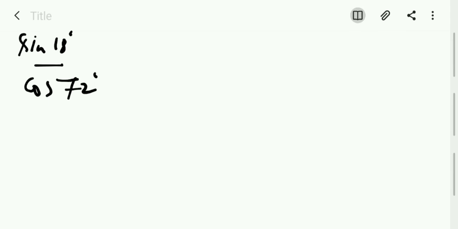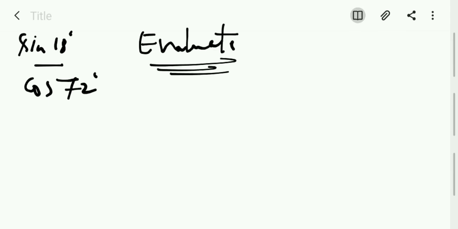Now the sum goes: sine 18 degree divided by cos 72 degree. Evaluate and give the value. Now what is sine 18? This 18 can be represented as 90 minus 72.